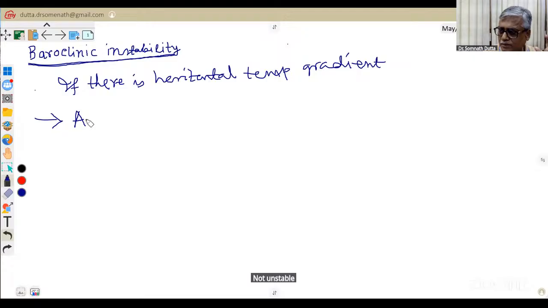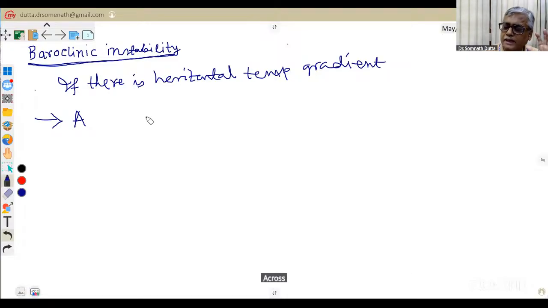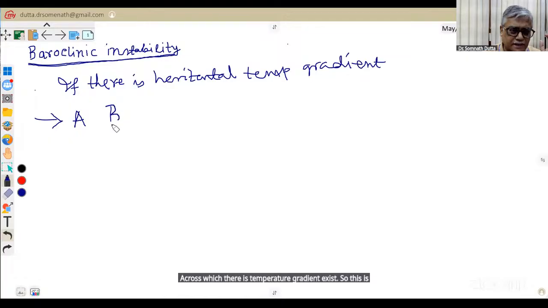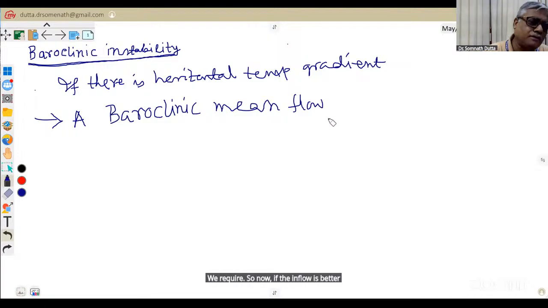Again, I am telling you, a baroclinic mean flow means a mean flow across which a temperature gradient exists. So this is your first need, a baroclinic mean flow.